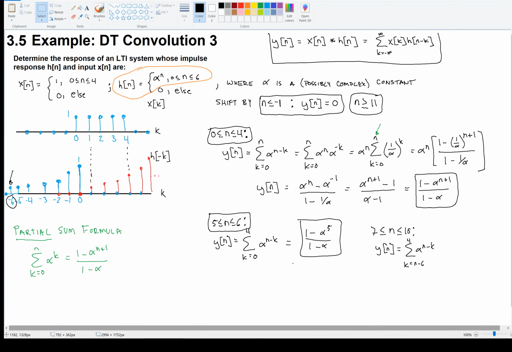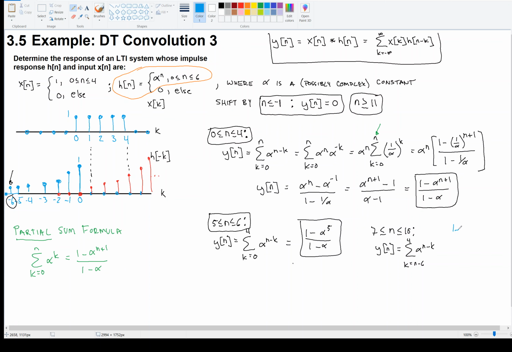All right. So I'm going to have to solve this summation. Okay, so the way I can do this, and notice it does not match the partial sum formula, I don't have a k equals 0 here. All right, but what I can do is this is called a change in variables.